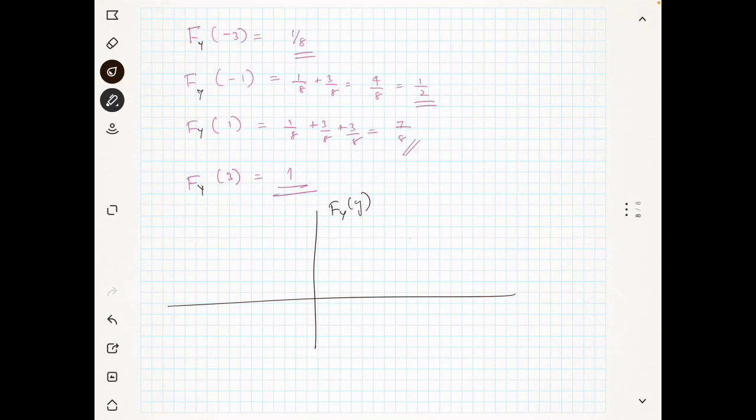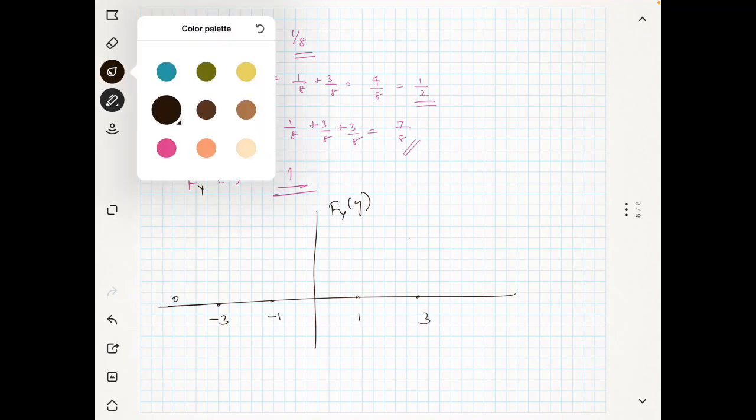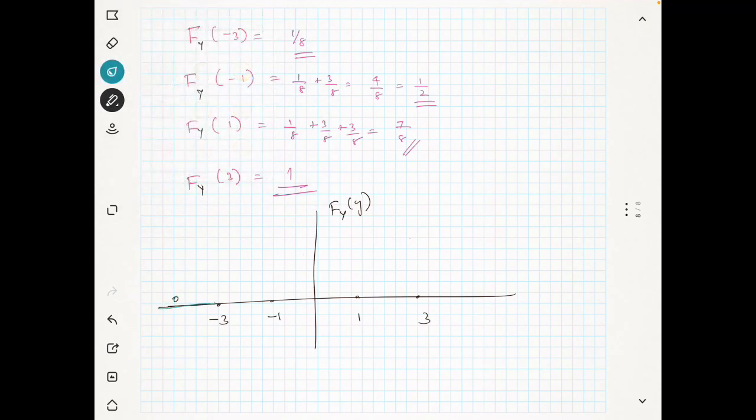So F_Y of y, and y takes the values minus 3, minus 1, plus 1 and 3. Before minus 3 the value was 0.